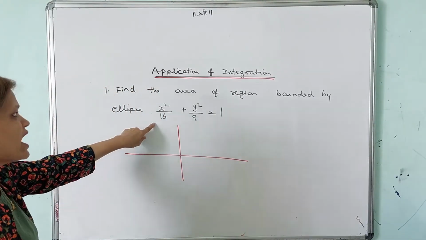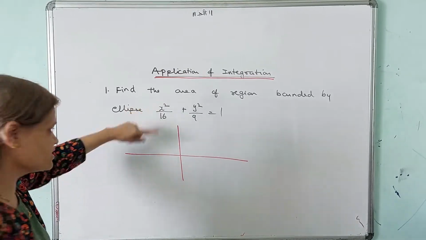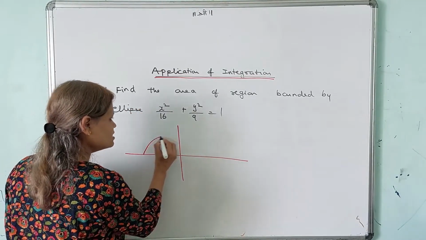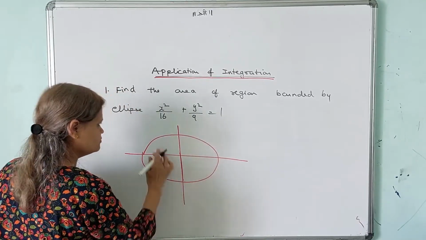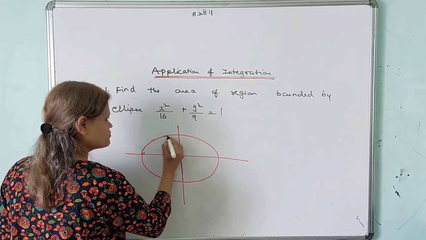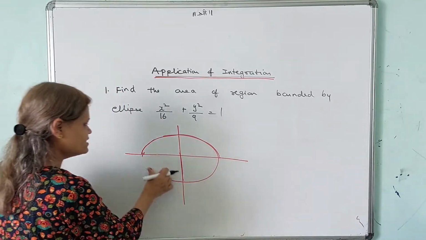This ellipse has major axis as x-axis because the term below x square is greater. So this is the ellipse. Now we want to find area of this entire ellipse.